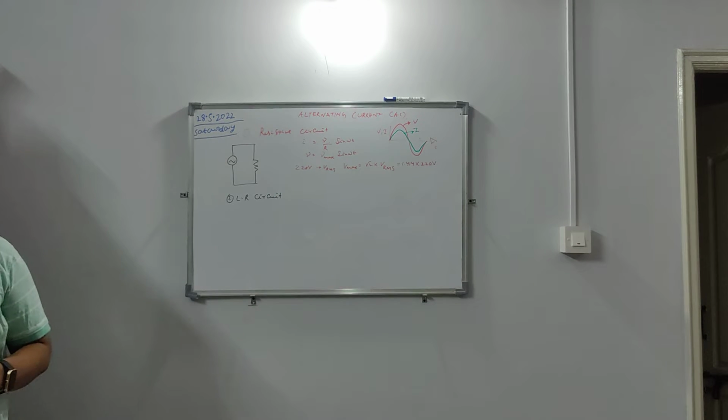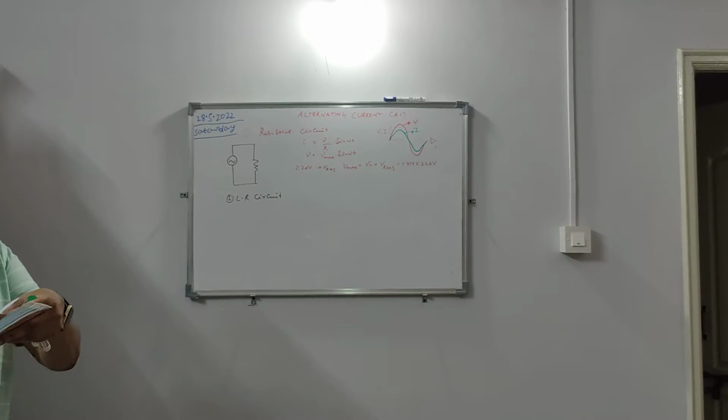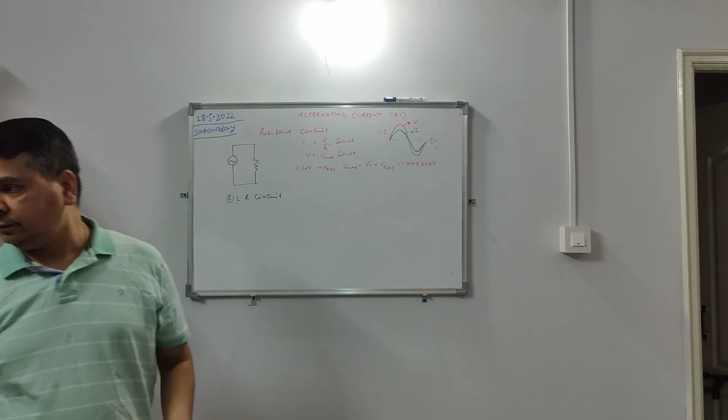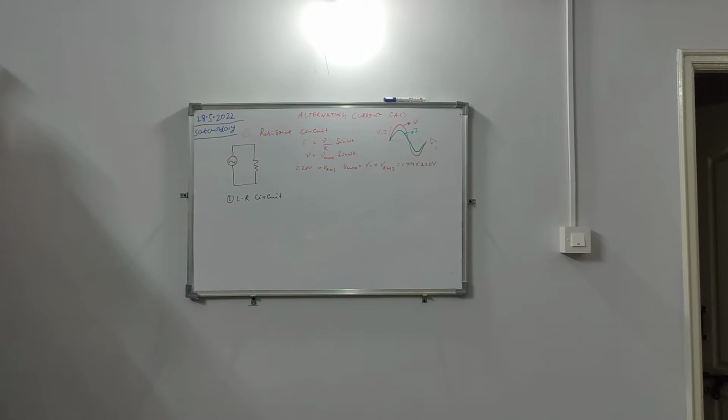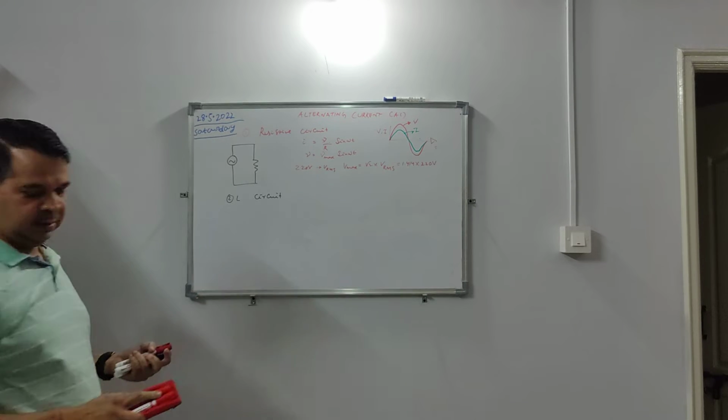So what is the governing equation for an LR circuit? Or let us first do the inductive circuit, and then we will go to the LR circuit. So let us go for an inductive circuit first, with only an inductor in this L circuit.